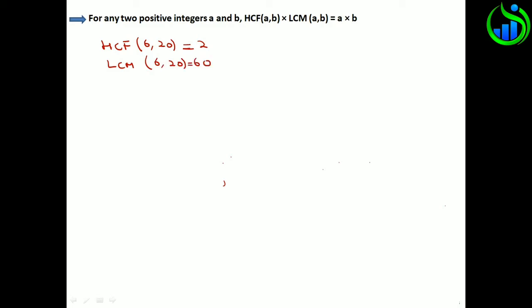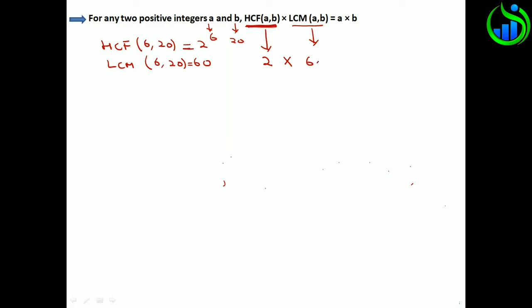So HCF of a and b, where a is 6 and b is 20, so HCF of 6 comma 20 is 2, multiplied by LCM of a, b.